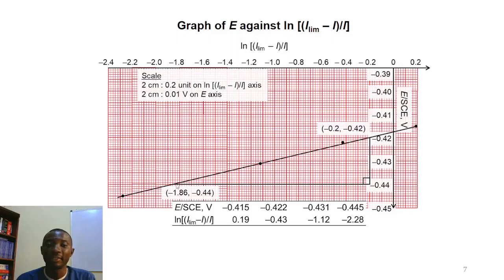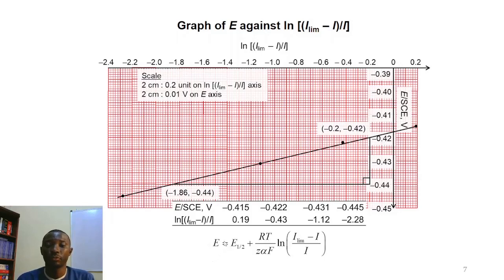For the lower limit, we've got negative 1.86 for the horizontal axis and negative 0.44 on the vertical axis. For the upper one, we've got negative 0.2 on the horizontal axis and negative 0.42 on the vertical axis.